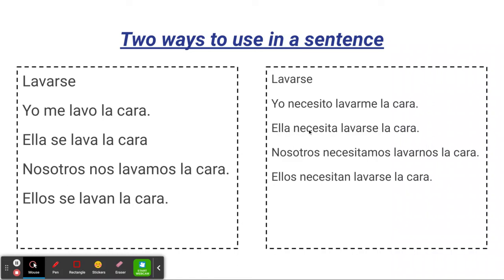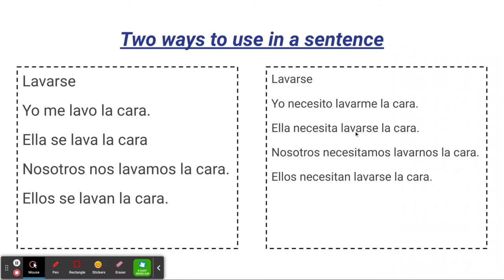The verb is going to be conjugated according to the subject, right? So, ella necesita, nosotros necesitamos, ellos necesitan. Our verb is going to match our subject. But the infinitive, the reflexive, is going to stay with the attached pronoun. The pronoun is going to match the subject.